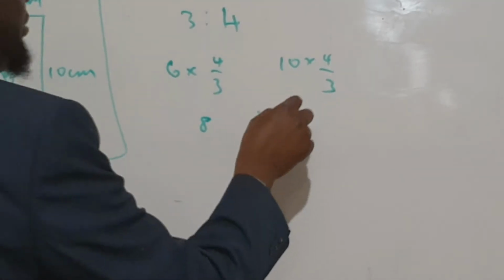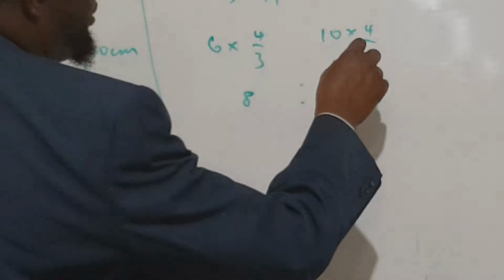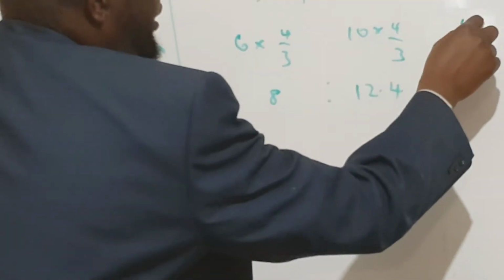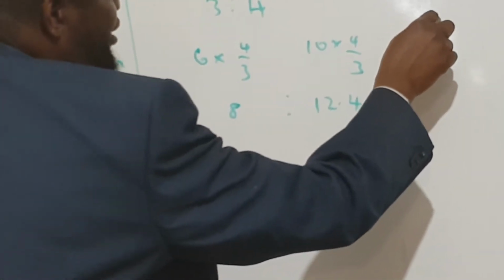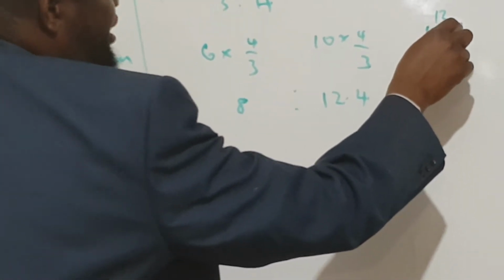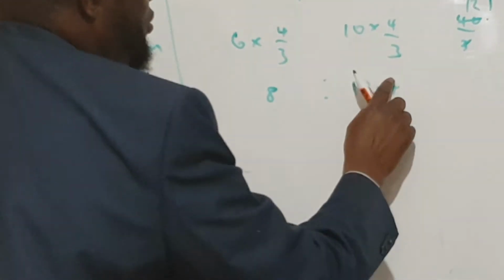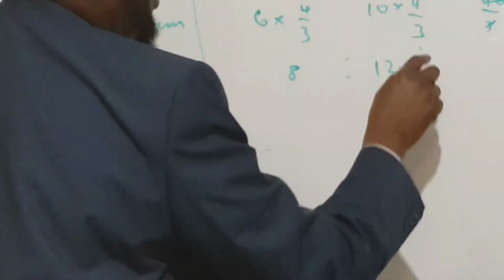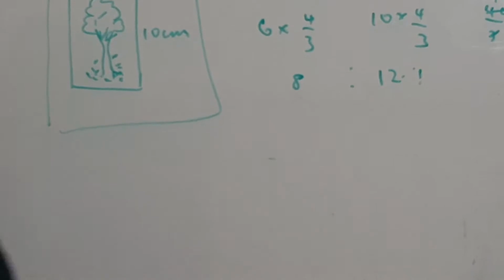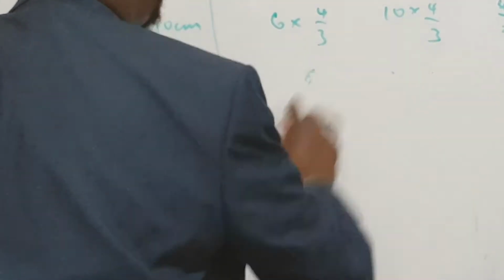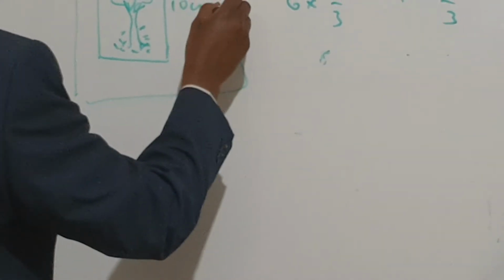And here is going to be 40 divided by 3, which is 13 and 1 third. So the new frame will be 8 and this will be 13 and 1 third.